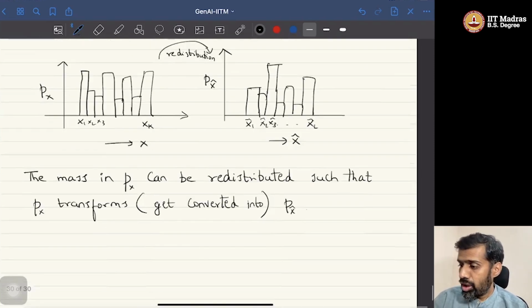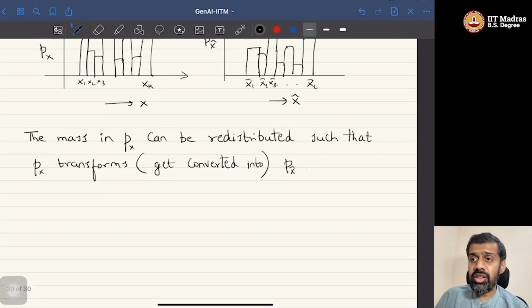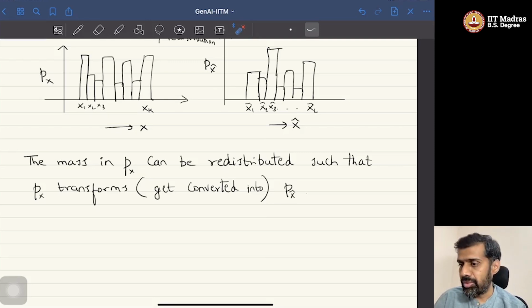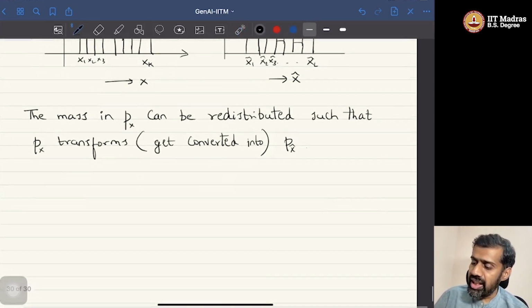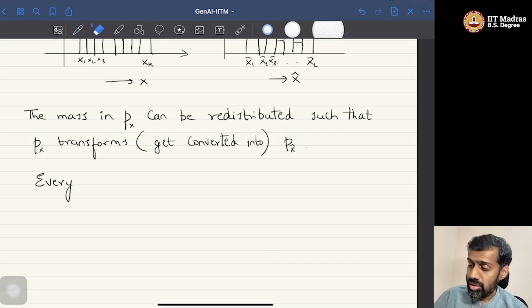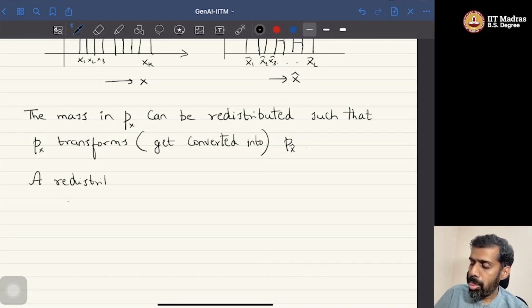Now there is no one way to redistribute the mass. There can be multiple ways in which the mass in P_X can be redistributed so that it transforms itself into P_X cap. So it's very easy to see that every redistribution is a redistribution scheme.